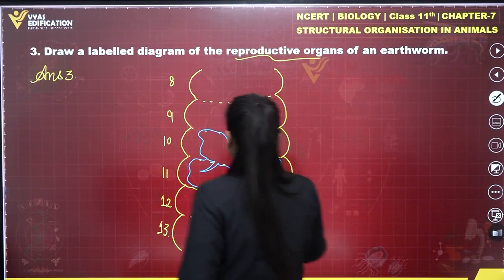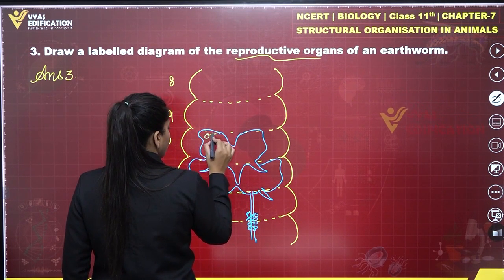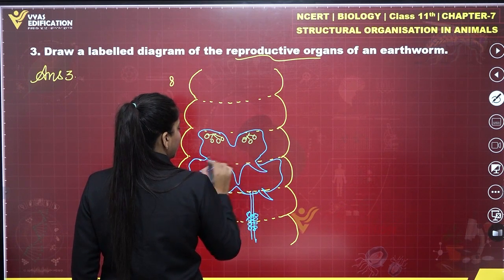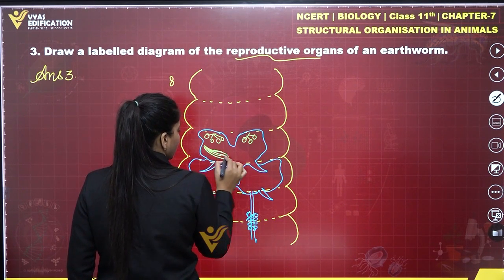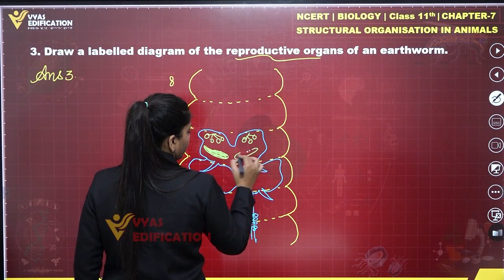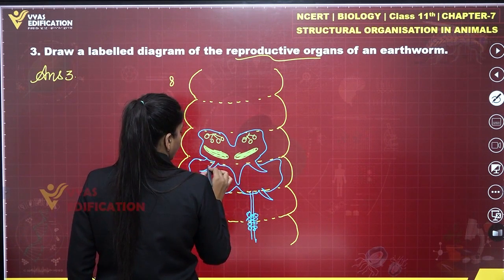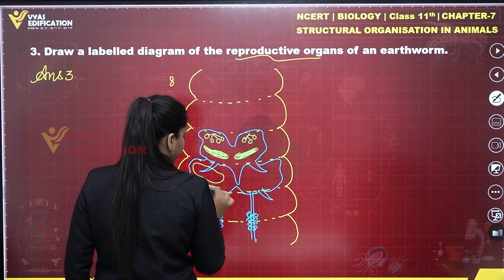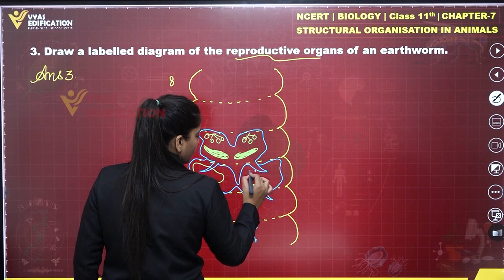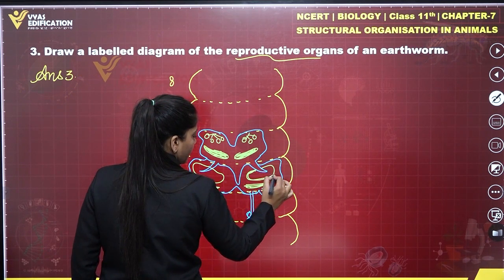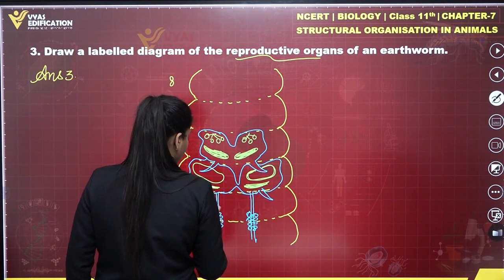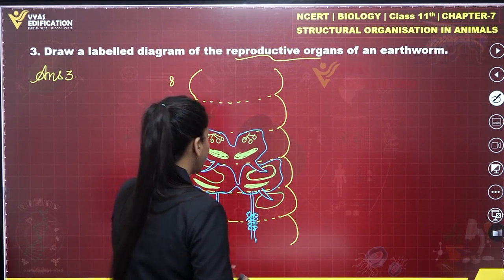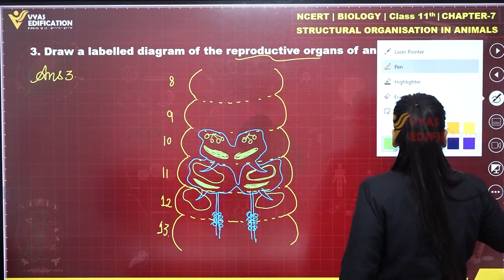See, these are spermiducal funnels, and these are seminal vesicles. Now, this is the diagram, and now I am going to label it here.